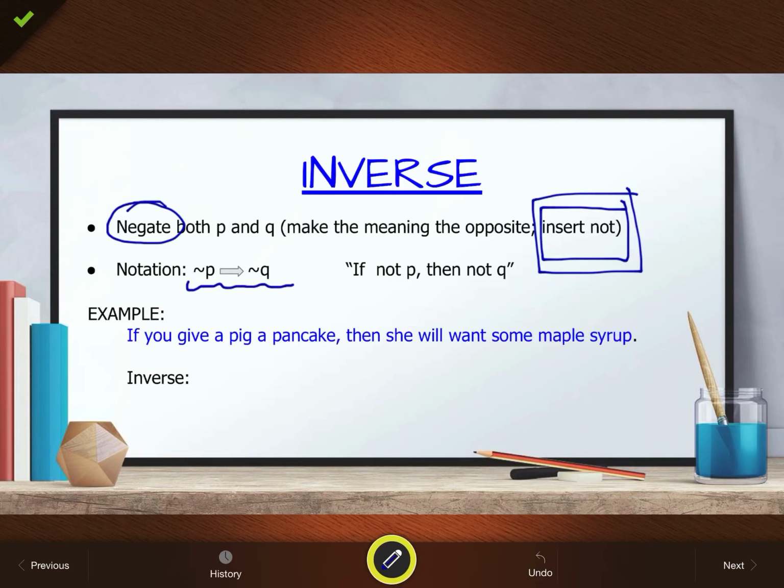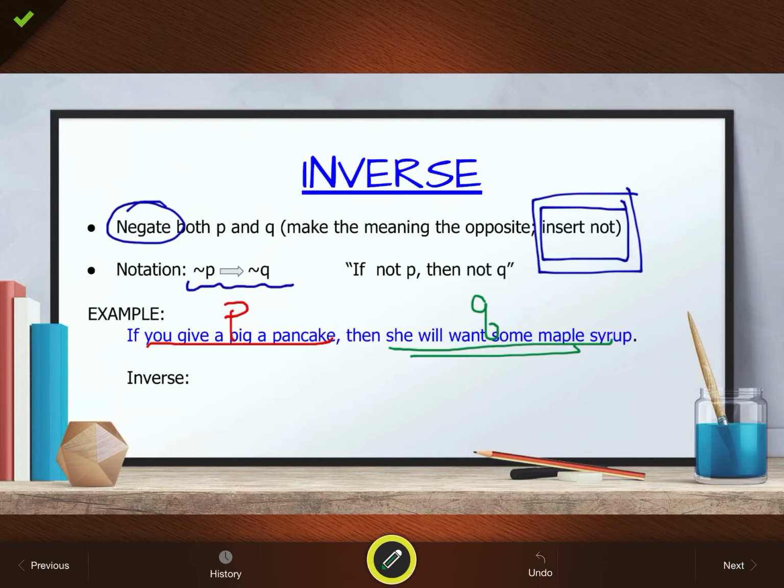So I have to change the meaning of you give a pig a pancake, because again, if you need to, label: this is my hypothesis. She will want some maple syrup is my conclusion. Now, you give a pig a pancake. We want to make that mean the opposite.